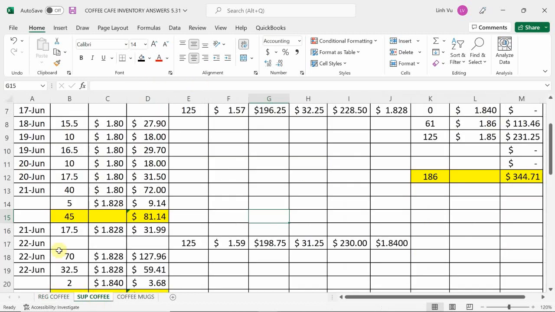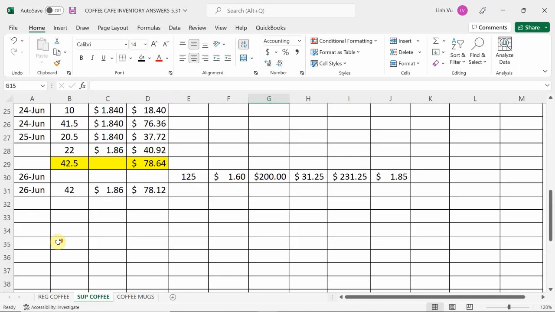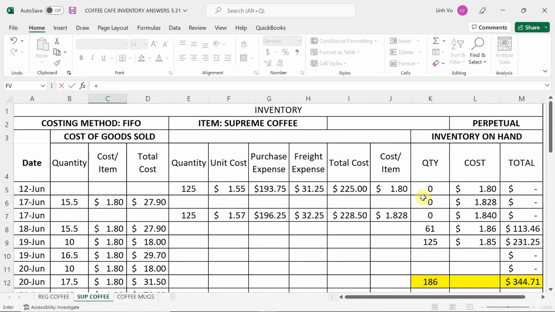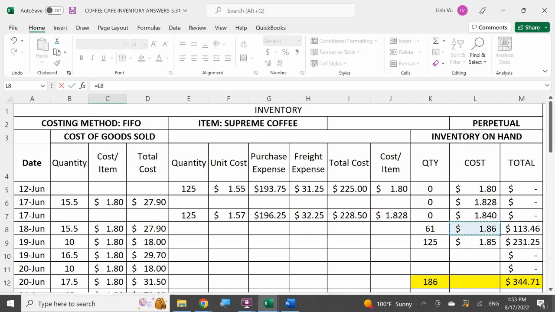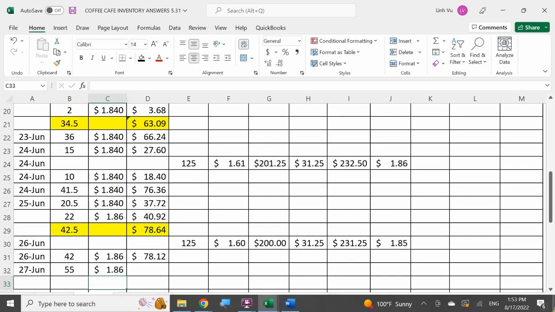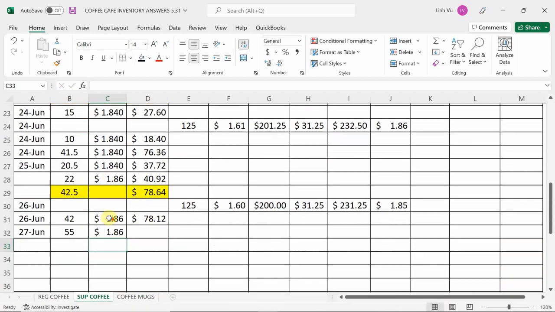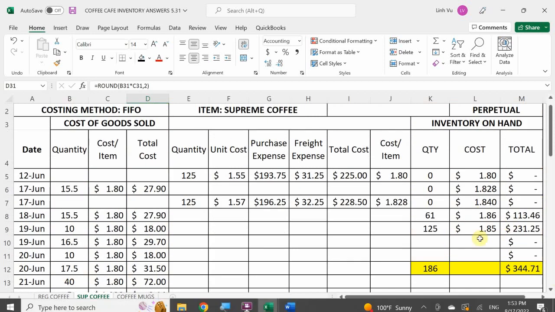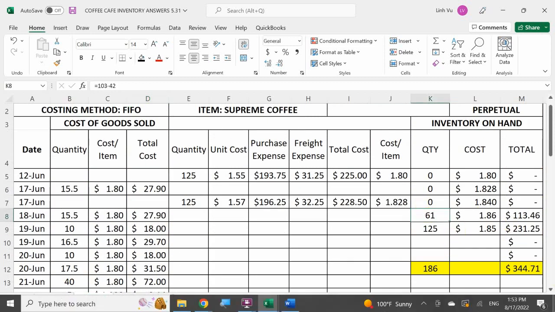And then for the spring coffee, we still have enough from the batch at $1.86 per pound. So we'll take that. So for 55 pounds, it's $102.30. Okay. So now we have 6 pounds left for $11.16.